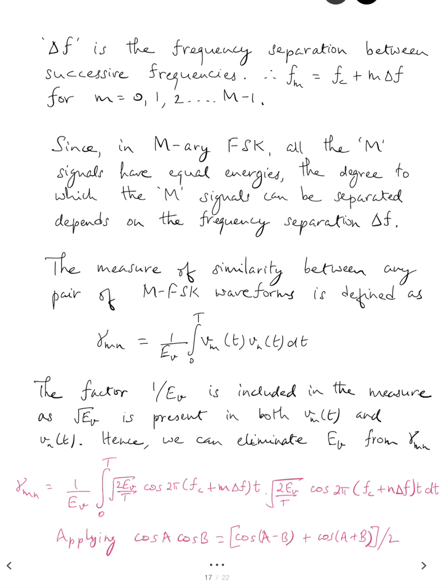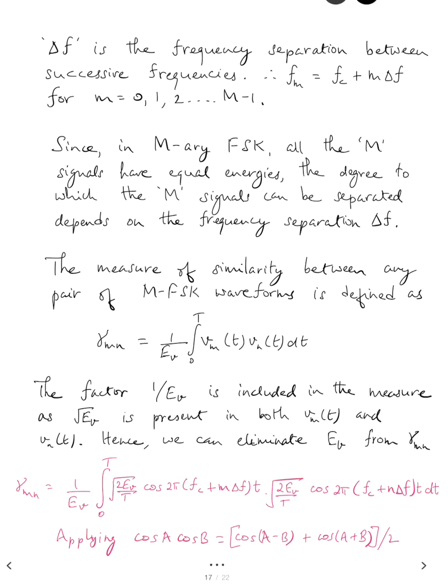Okay, so what do we do to find the condition for orthogonality? We create a measure of similarity between the two waveforms, because the ultimate aim is, when we send our bits or symbols using such orthogonal waveforms, at the receiver side we should be able to separate them out and identify what was the transmitted symbol.